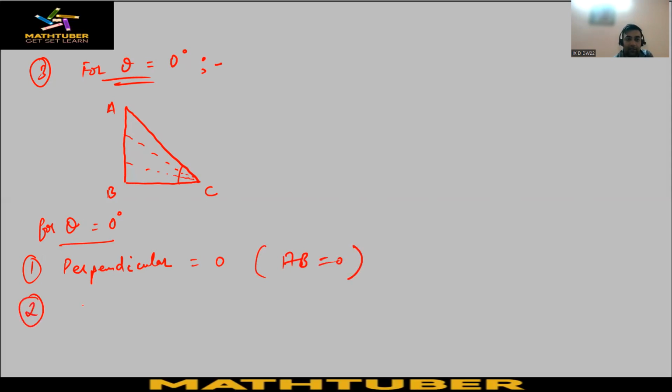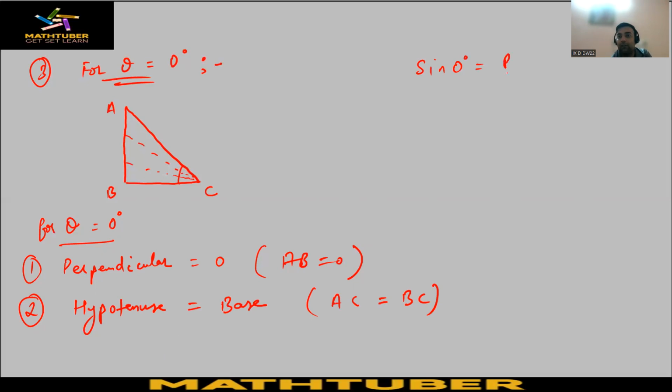And second condition is hypotenuse becomes equal to base. So AC will be equal to BC here, right? So then only you can find out the answers for 0 degree. So you have to learn these conditions for theta equal to 0 degree.